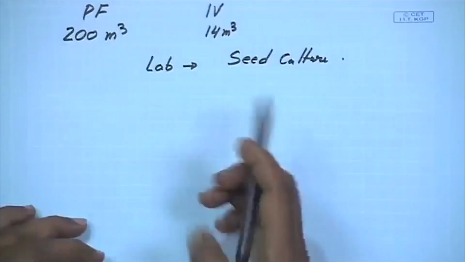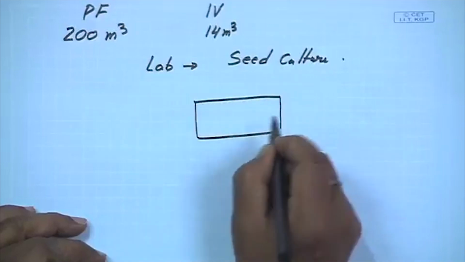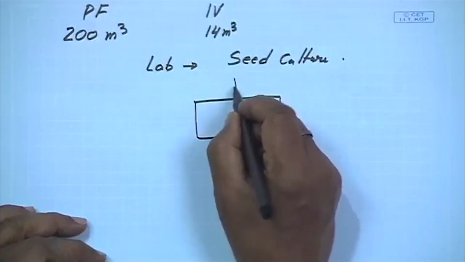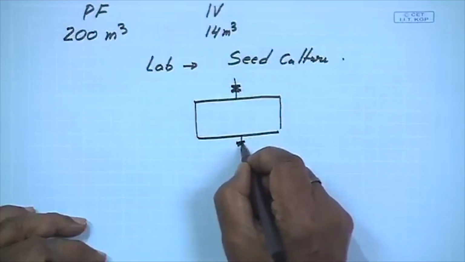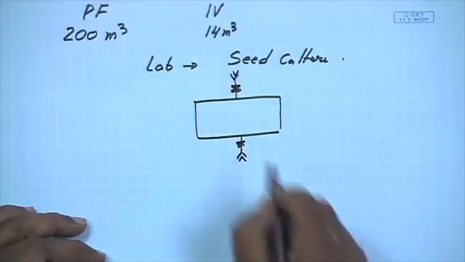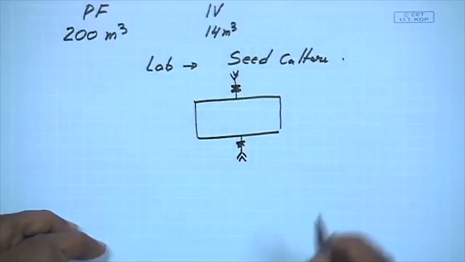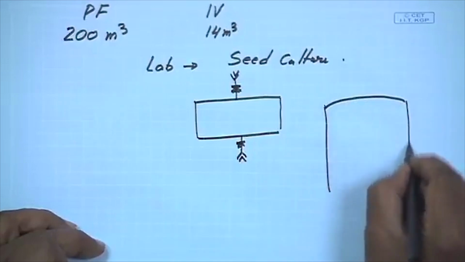Then we put it in the seed can, which looks like this. What is the seed can? Here we have a valve, and here we have a valve. Here we have some nut and bolt arrangement. Now in the industry, suppose this is the inoculum vessel.